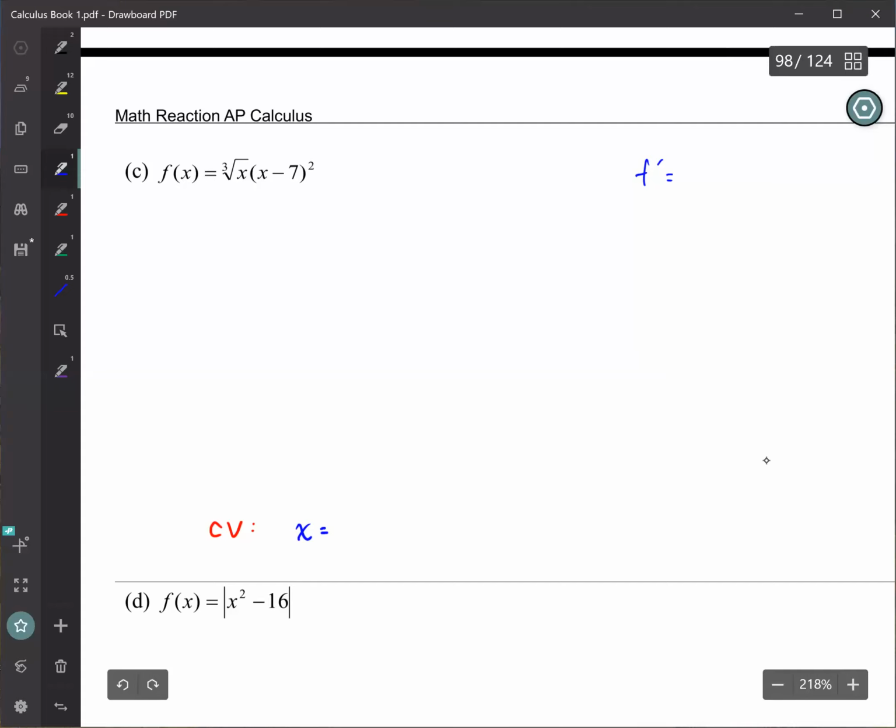Okay, I don't know if I did it right, but okay, here goes. I got 1/3 x to the power of -2/3 times x minus 7 squared, and then plus 2 x to the 1/3.